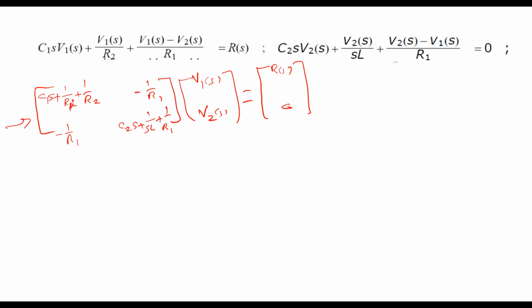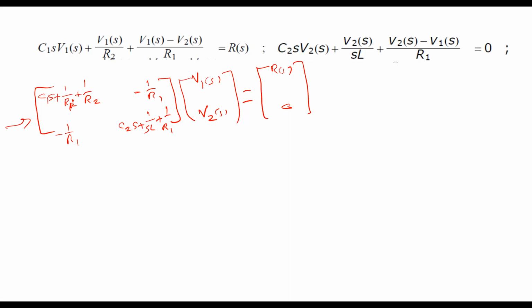Perfect. You have to know at least the 2 by 2, because sometimes in quizzes and exams, we may ask you to invert matrices of 2 by 2 or sometimes 3 by 3. Even if we ask you 3 by 3, there must be a certain trick in it, because it's time consuming.